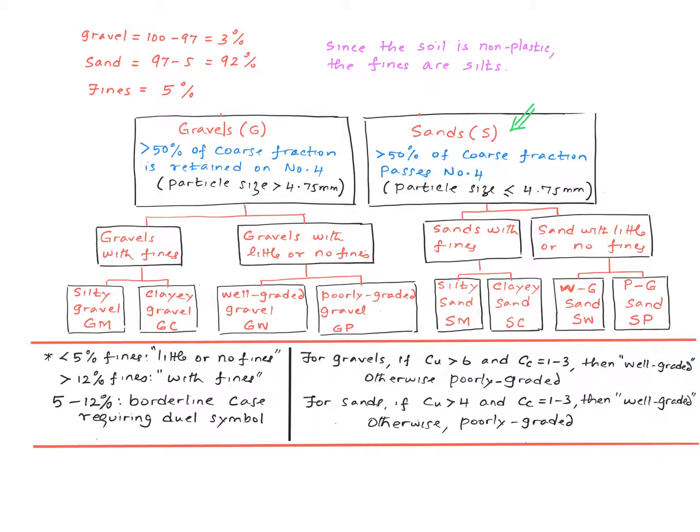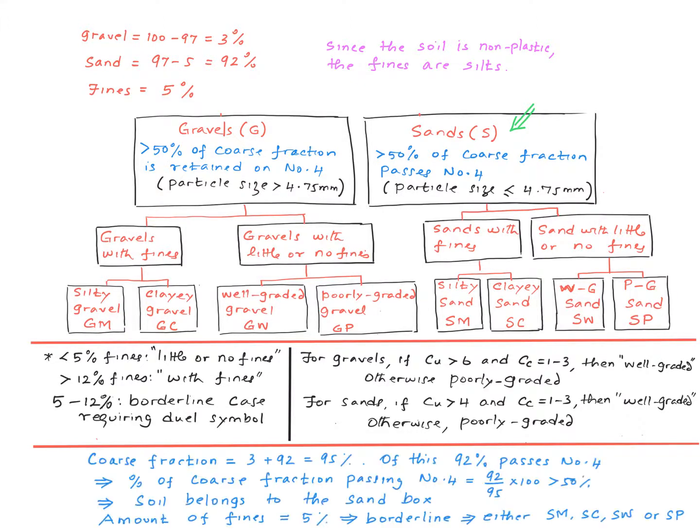In other words, the label to be given for the soil would be SM, sands with silt or silty sand. Over here I wrote down what we just discussed. Because we have a borderline case, the soil could be one of these 4 types. But because the fines are silts, between these two, the soil is SM.